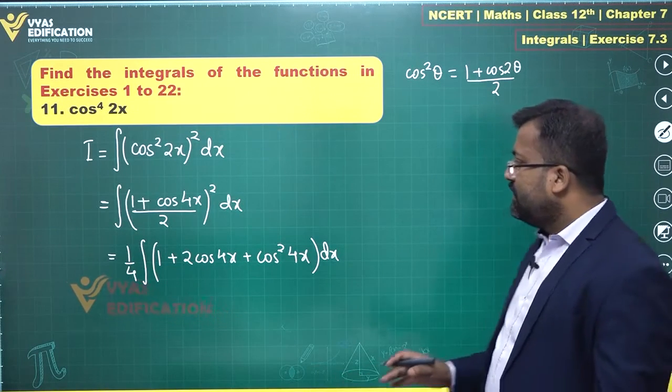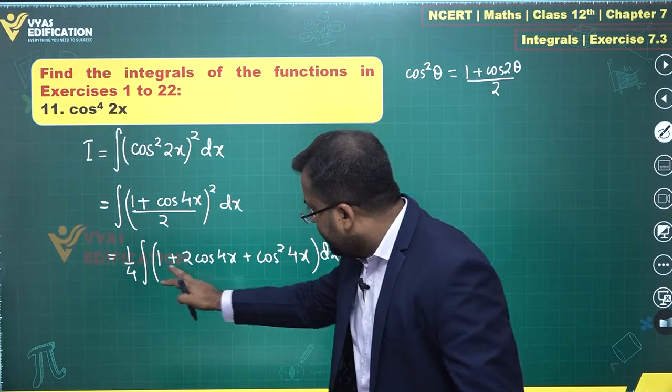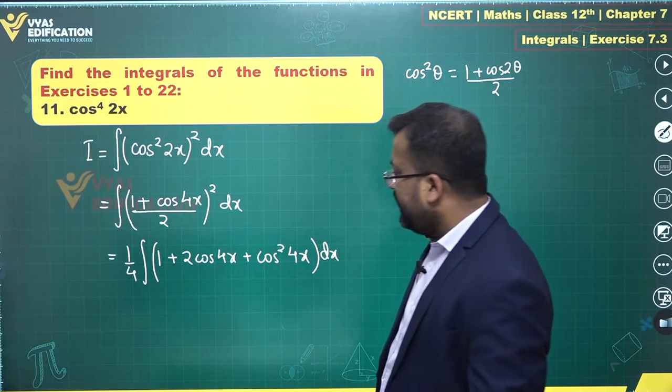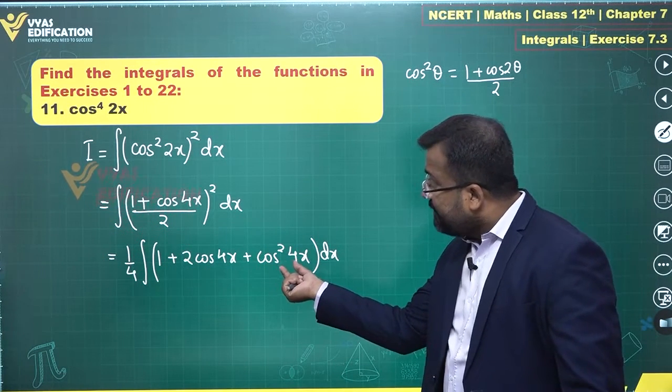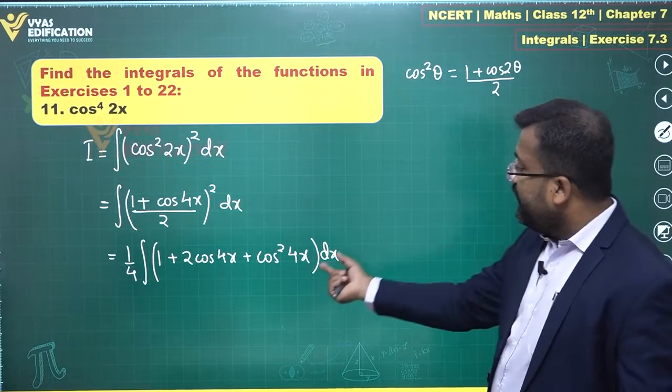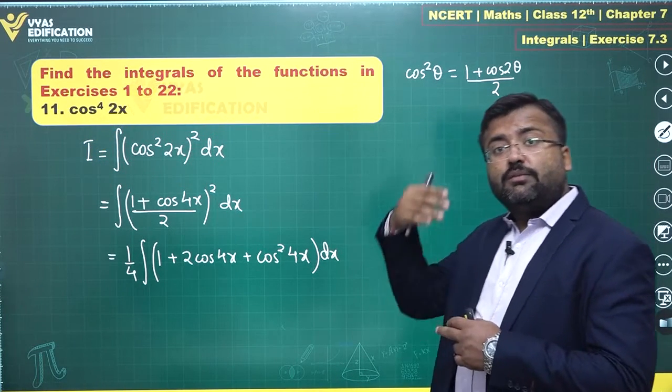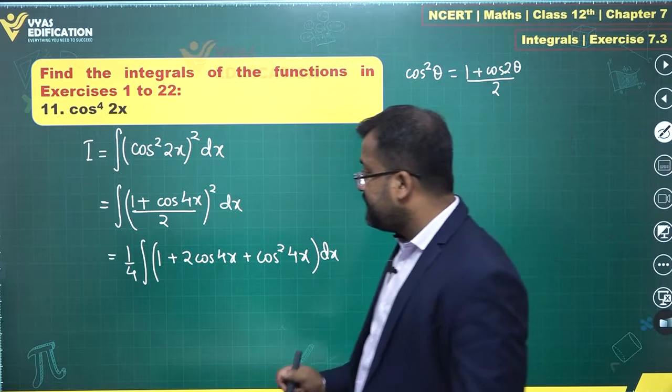What next? So this is integrable easily, this is integrable easily, but this is not integrable easily. Once again, we can apply a similar result over here to convert this into a further multiple angle. This 4x will convert to 8x.